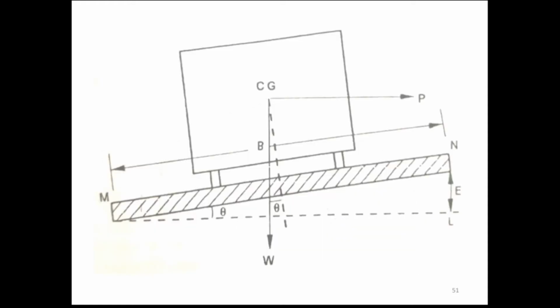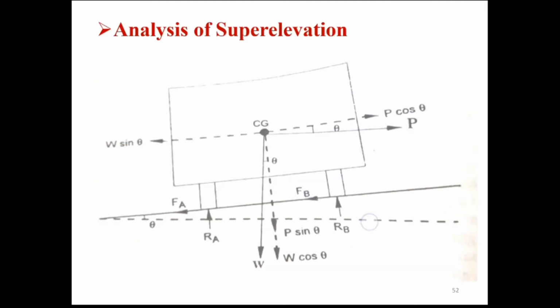Here E is the increase of the height of the outer edge, B is the width of the road, P is the centrifugal force, W is the weight of the vehicle, and theta is the angle of inclination by which the road surface has been raised.